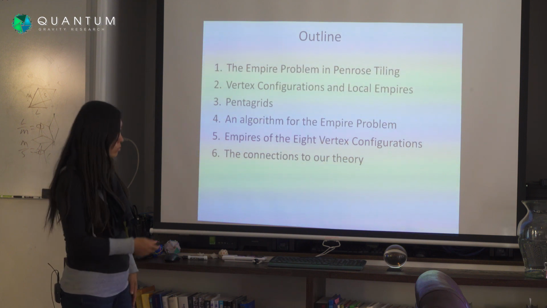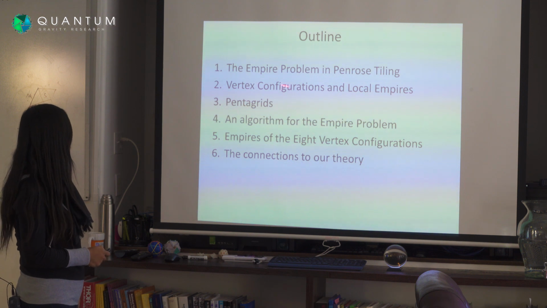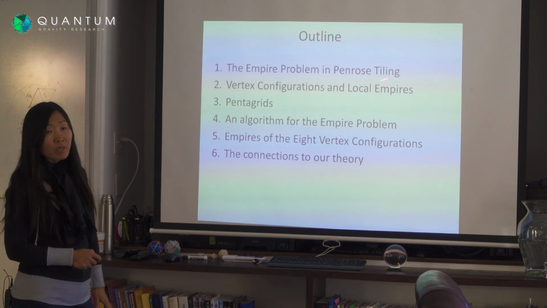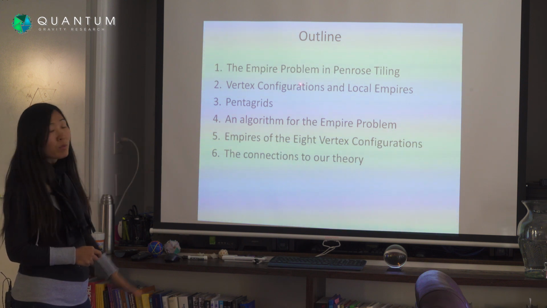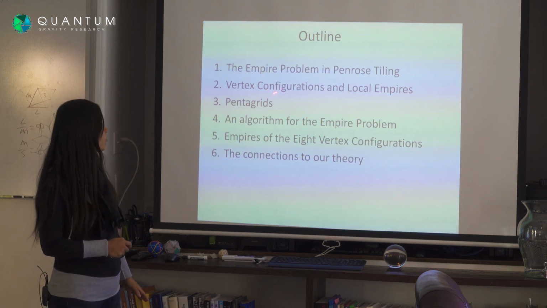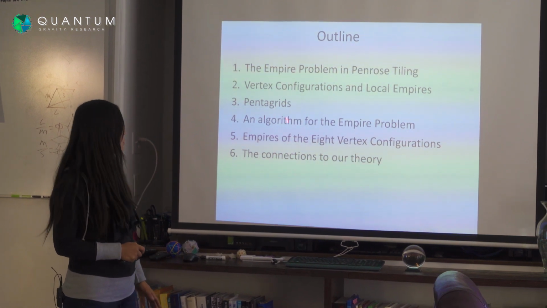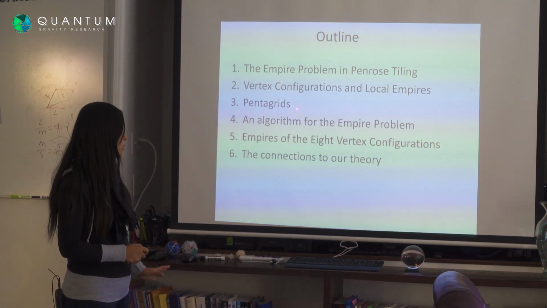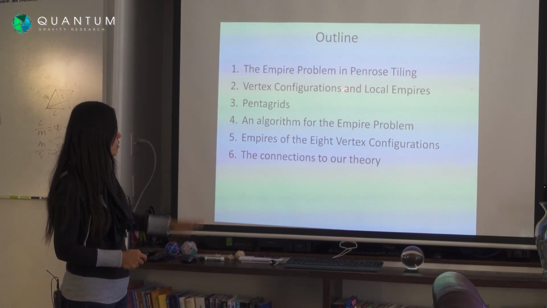All right, so I will cover these 6 aspects. First is the empire problem in Penrose Tiling, and what is this empire problem? Then I'll talk about the vertex configurations and the local empires in Penrose Tiling. And then the pentagrid again, just briefly, because it's going to be useful for constructing the empires.